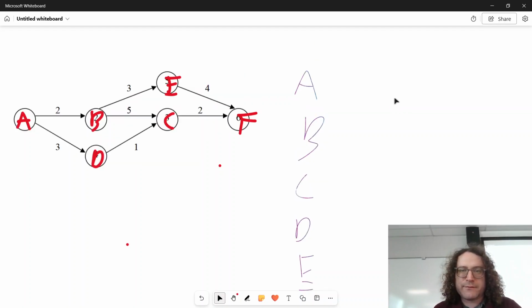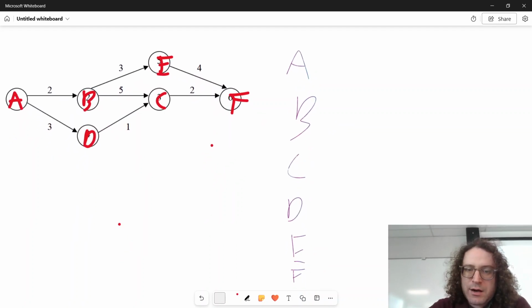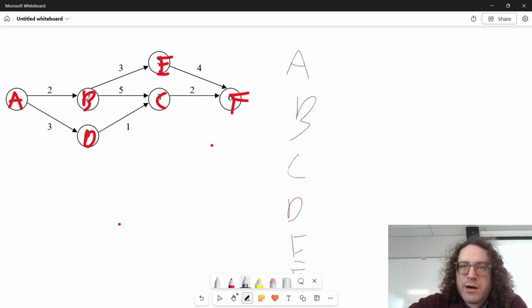We have our D, distance to that node, and our P, which is our predecessor.